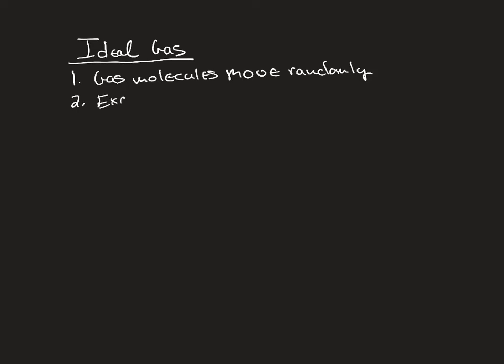They exert no long-range forces on each other. This can have a small effect on the pressure because the gas molecules are attracted to each other and not pushing on the walls of the container because of that attraction. And number 3, that they are point-like.